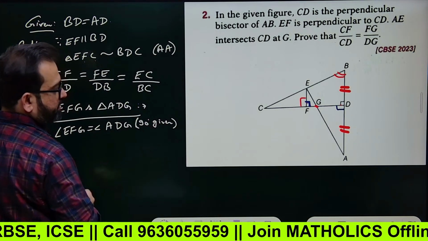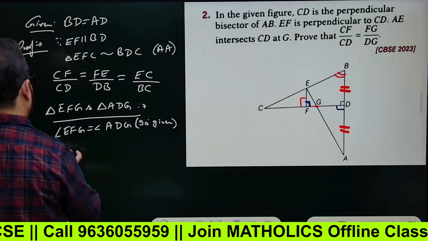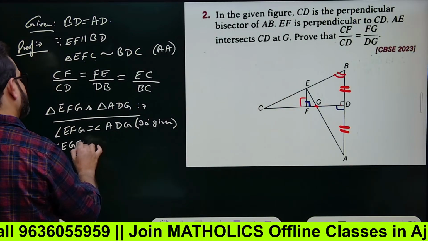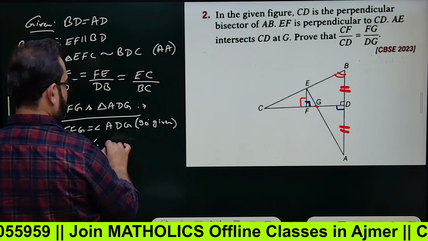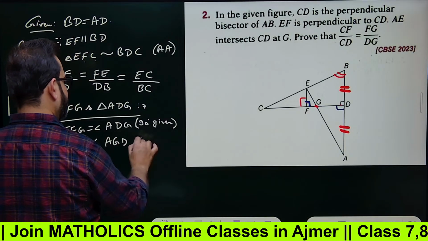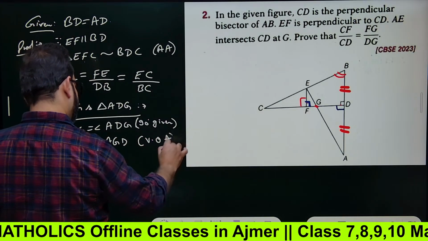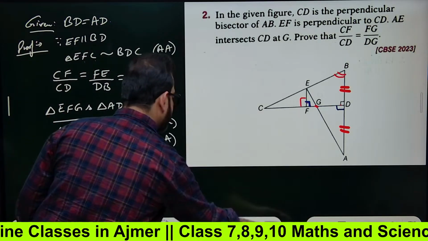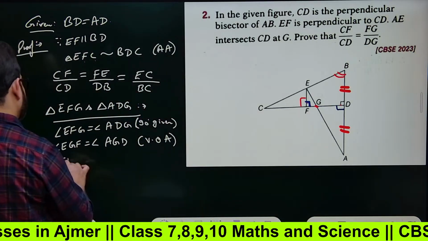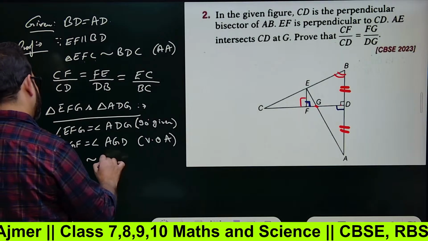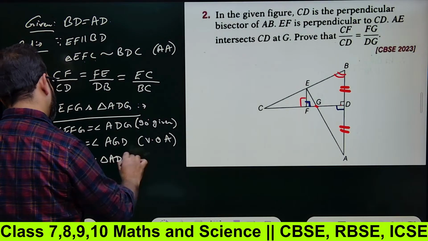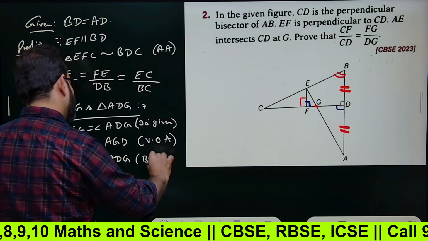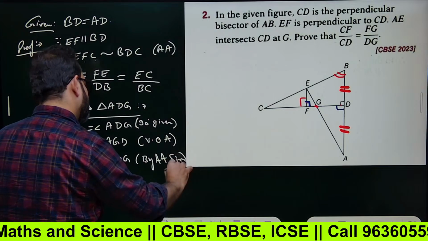And what else can I see? Angle EGF is equals to angle AGD, vertically opposite angle. So triangle EFG is similar to triangle ADG by AA similarity criteria.